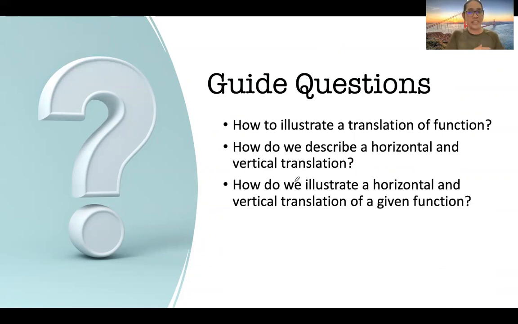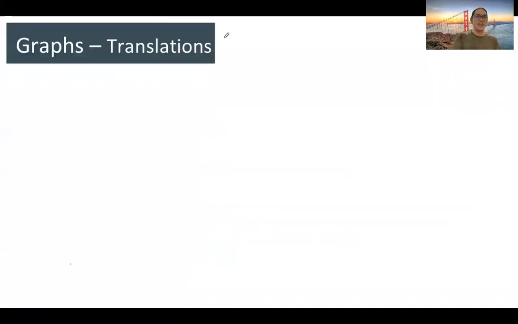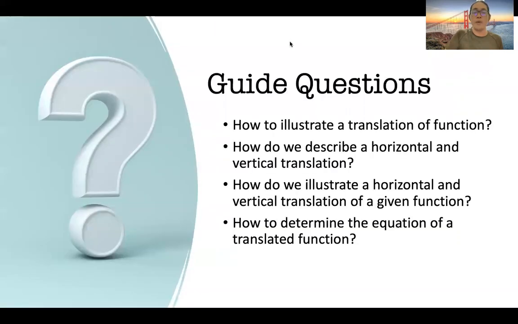How do we illustrate a horizontal and vertical translation of a given function? And how do we determine the equation of a translated function? I guess this is the last one. I want you to be guided with the questions that I posted on the screen.